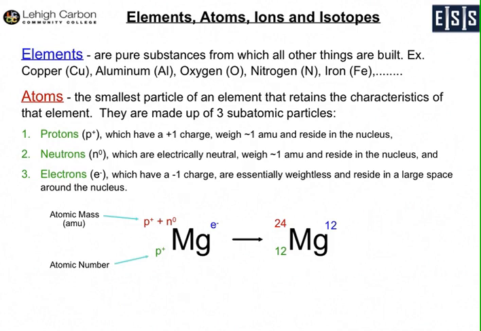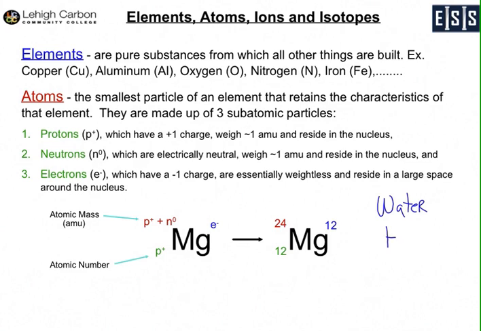We're going to start with the term elements, and elements are the pure substances from which all other things are built. And you've heard about them. Copper, aluminum, oxygen, nitrogen, iron are examples of elements. And one distinction to make, I use the example of water. Water isn't an element.